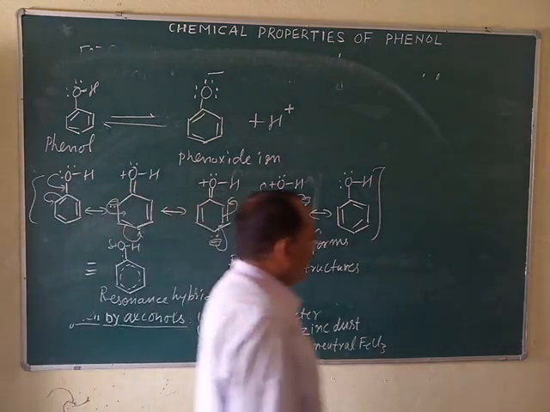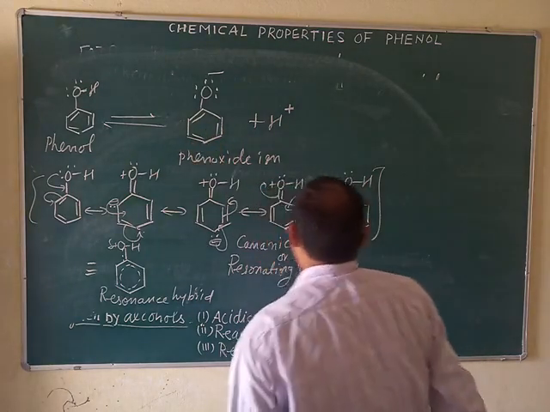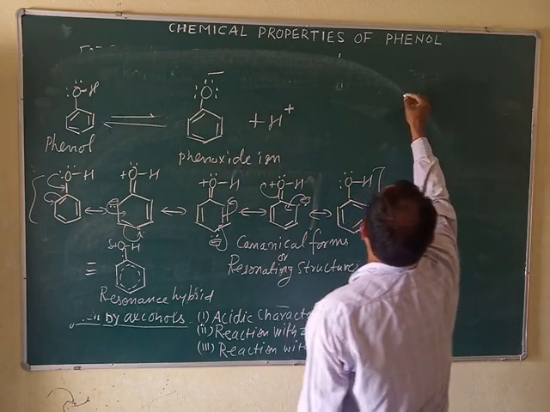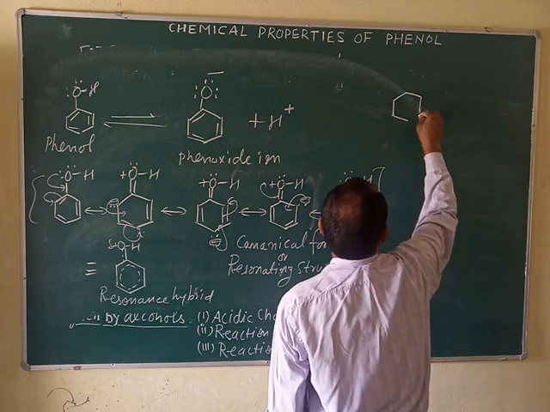Now, draw the contributing structures of the phenoxide ion. The contributing structures of the phenoxide ion can be written as follows.